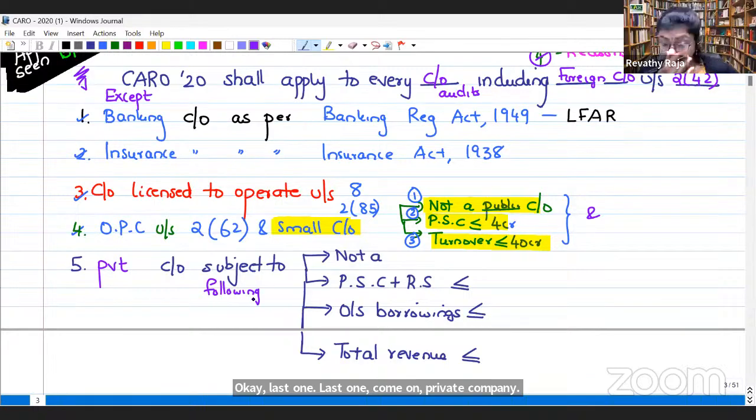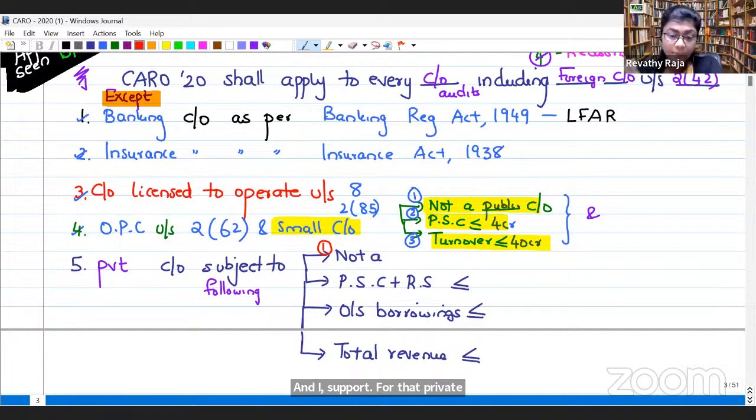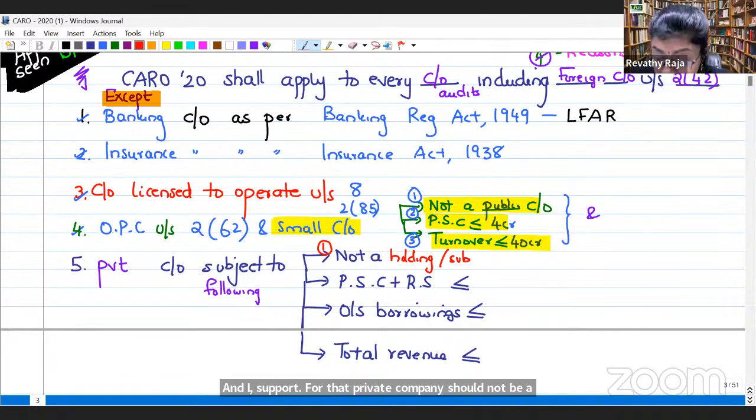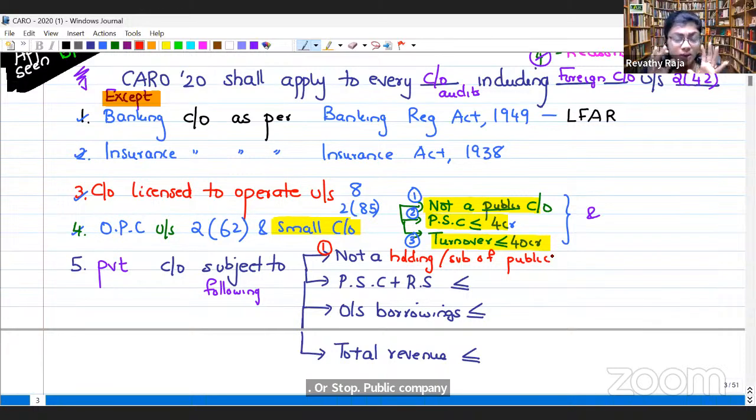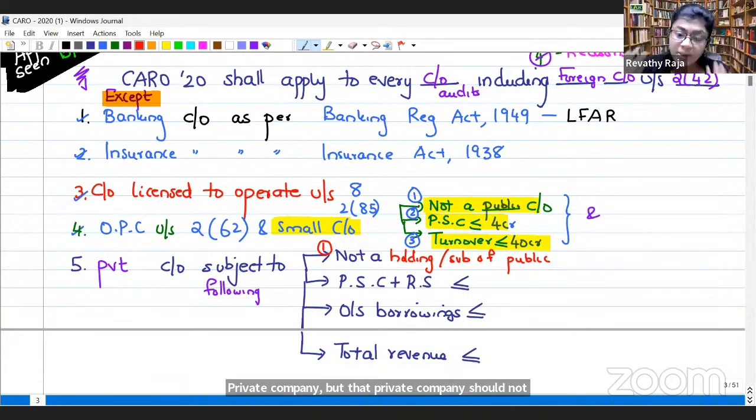It is a double negative. Already we are in exemptions to CARO, right? Now for a private company to get the exemption, these 4 conditions are there. First, that private company should not be a holding or subsidiary of a public company. The company for which we are claiming exemption is a private company, but that private company should not have a holding or subsidiary public company.